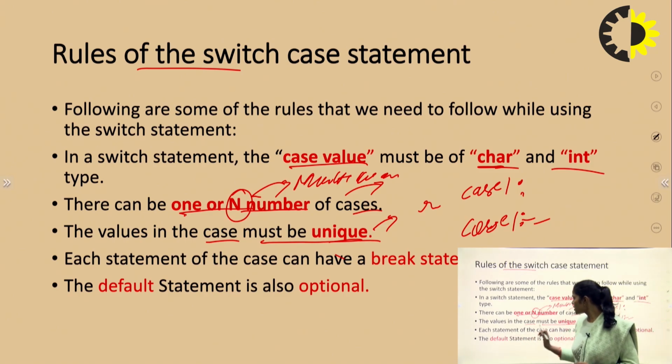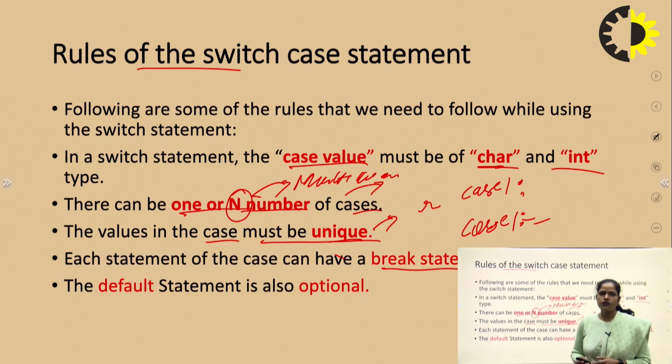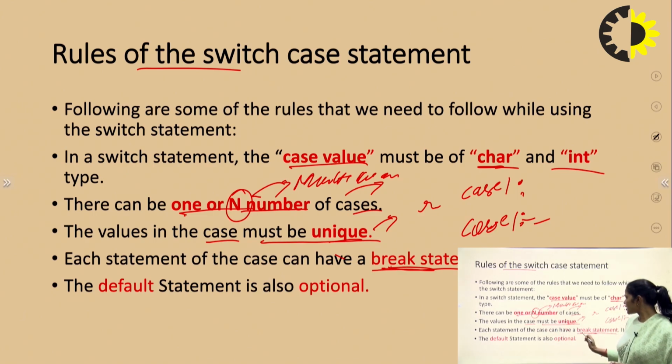Next, each case statement can have a break statement. If you are not using a break statement after each case, the compiler will continuously execute the given cases. So what is the basic purpose? I have already told you that the break statement is used to break the flow of the program, right?